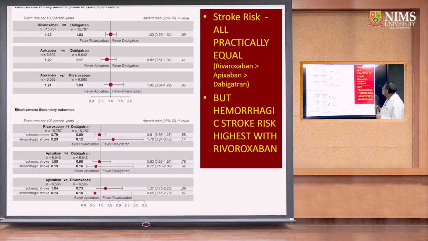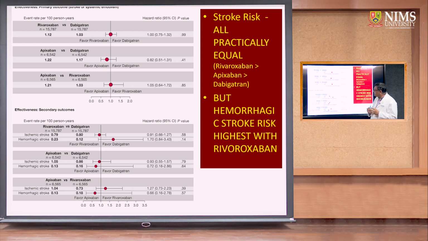Now, among the NOACs, there is always this question, which one to use among these 3 commonly available NOACs: dabigatran, apixaban and rivaroxaban. So, among the 3, which one to use, you have to decide. How do you decide?